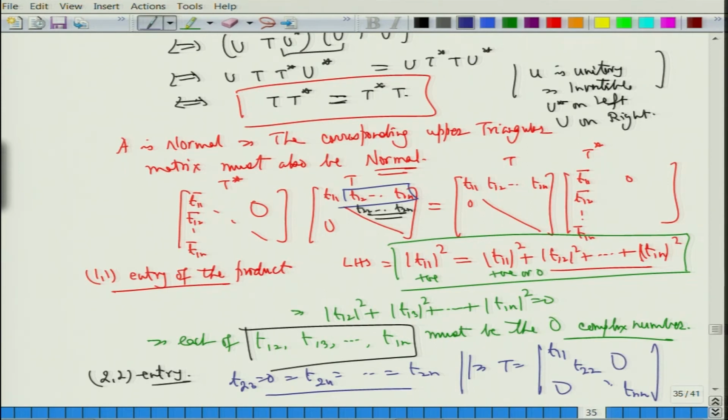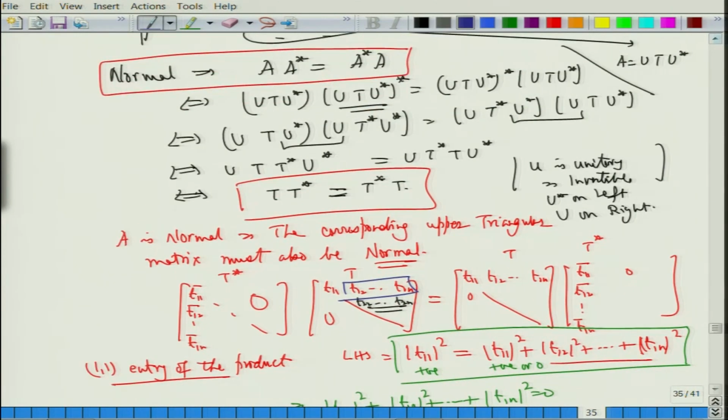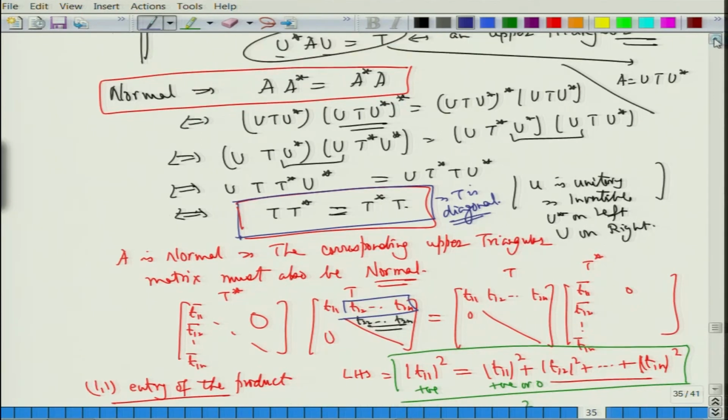So we have shown here that because of normality, A is normal implies T T star is T star T, and T is upper triangular implies T is diagonal. This was there in one of the exercises, I think, after matrix multiplication. So you have to keep track of things.